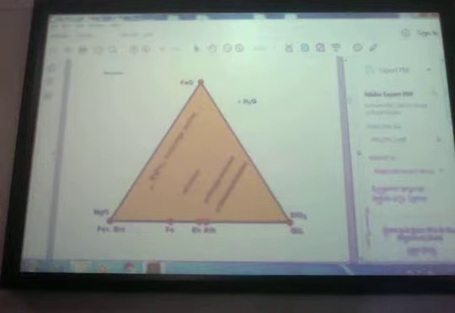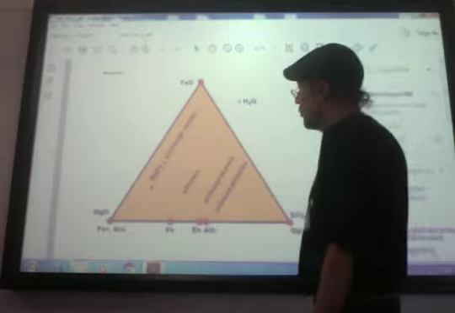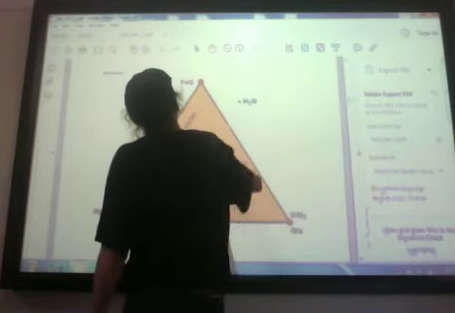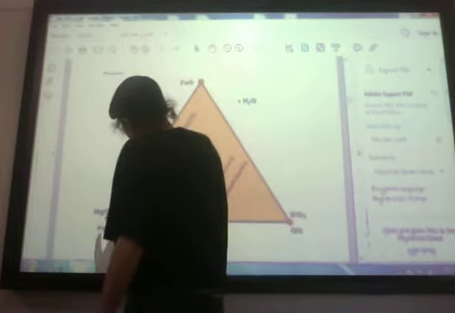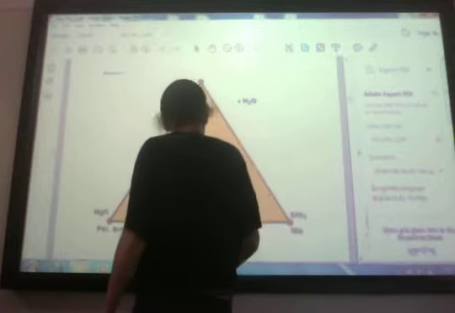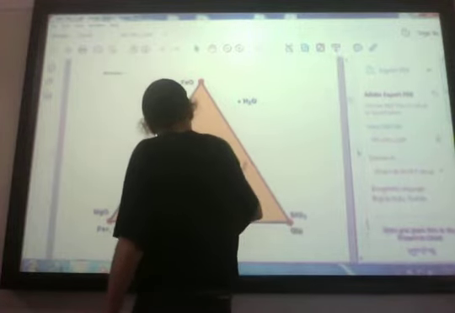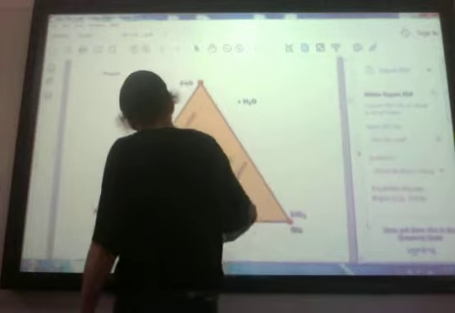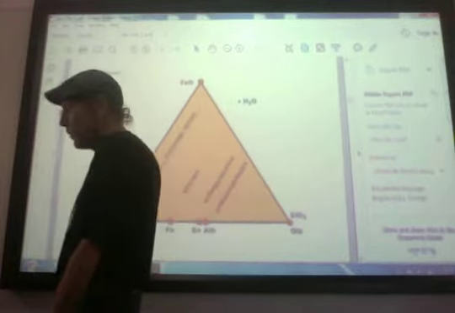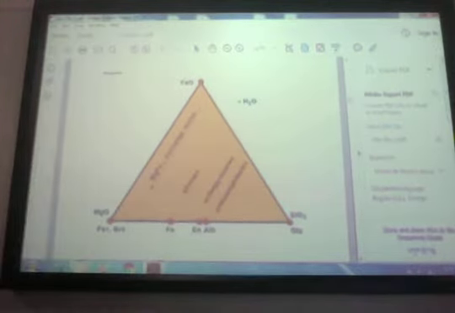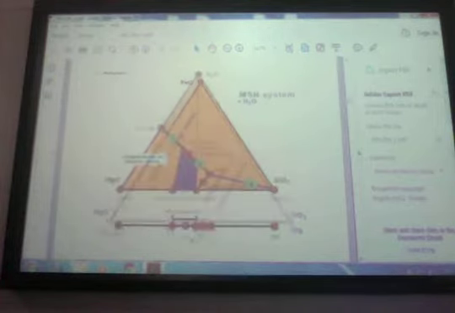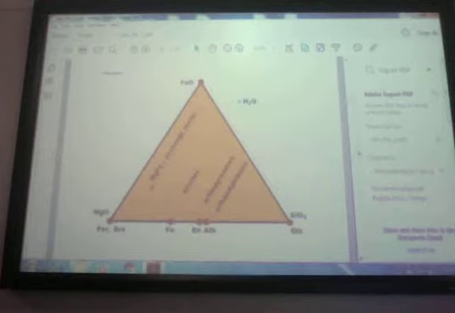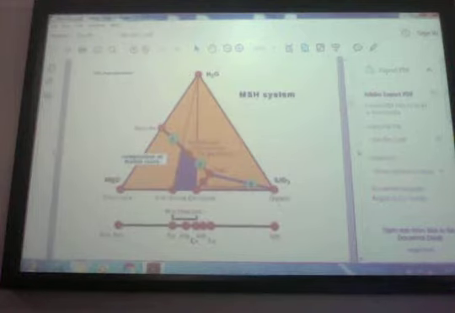So, there you are using then just the triangle, which contains iron, magnesium, silica, and then you can plot your olivines, your orthopyroxenes, and your orthoamphiboles, yeah? So then we are going to the next slide.